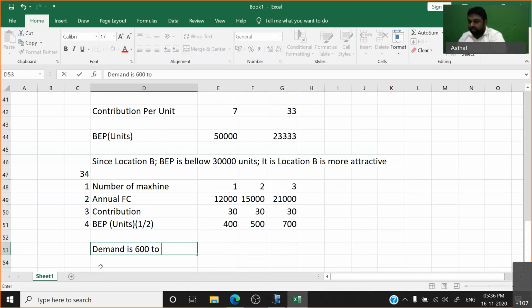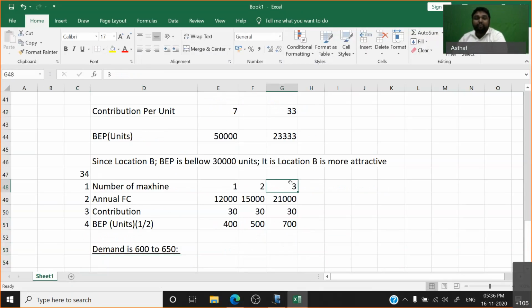If 700 is the break-even level for three machines, you won't go for three machines. Why? Because if you go for three machines, you can fulfill 650 but you have to suffer a loss. But when you go for two machines, two machines can fulfill up to 600.